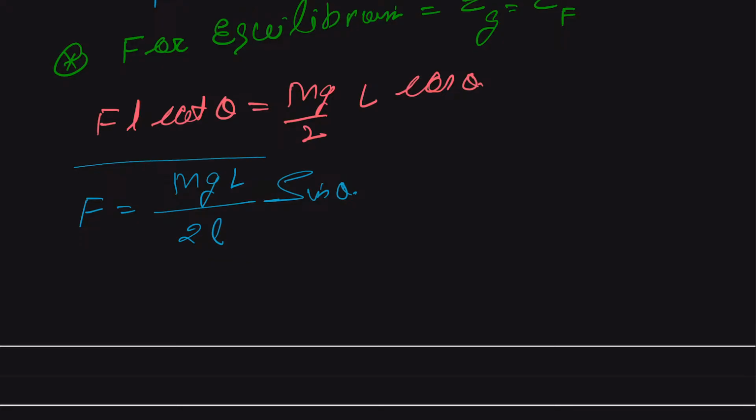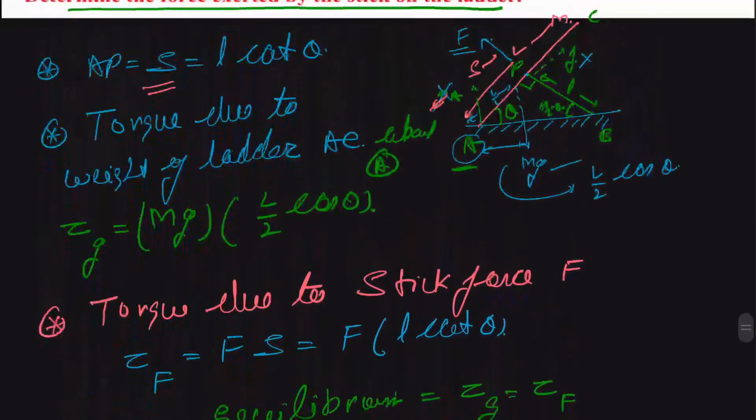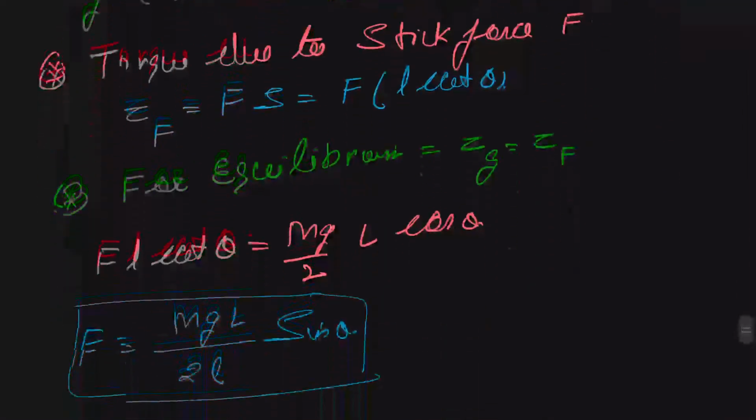So this is the value of the force that the stick, meaning BP, is applying to the ladder AC at point P, which was asked in the question.